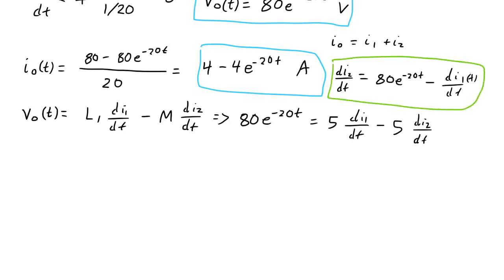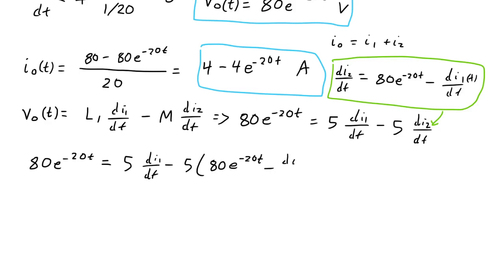We're going to substitute that into here and solve. Ultimately, we're going to get an expression like this: 80 e to the minus 20t equals 5 di1/dt minus 5 times (80 e to the minus 20t minus di1/dt).